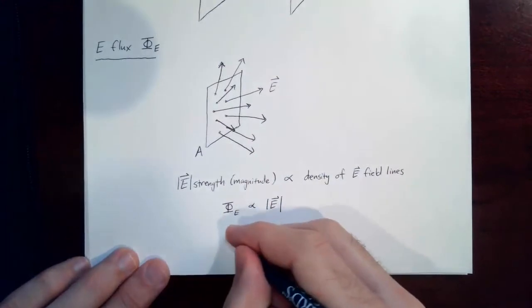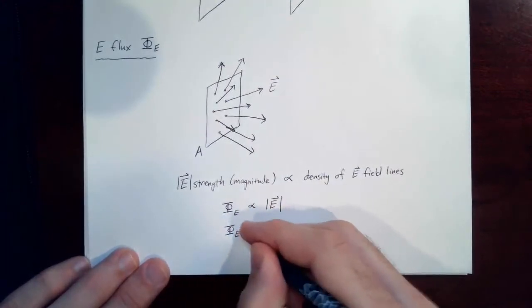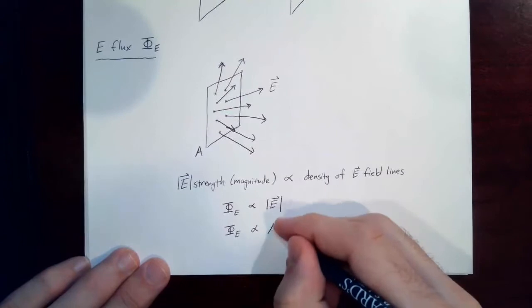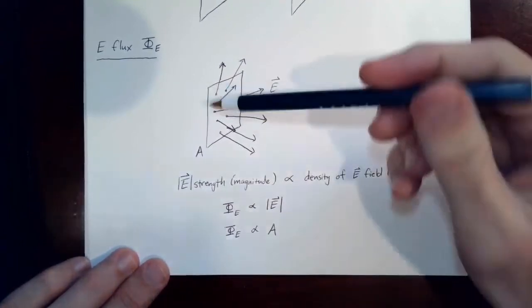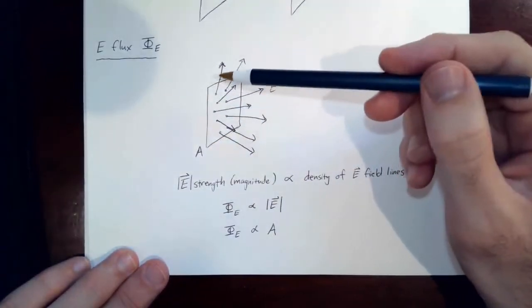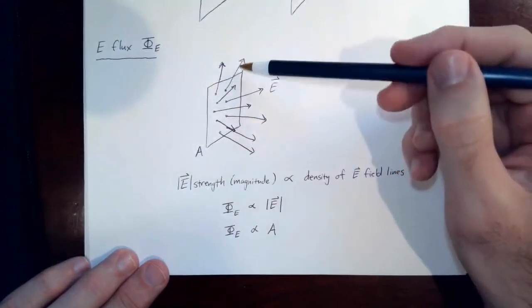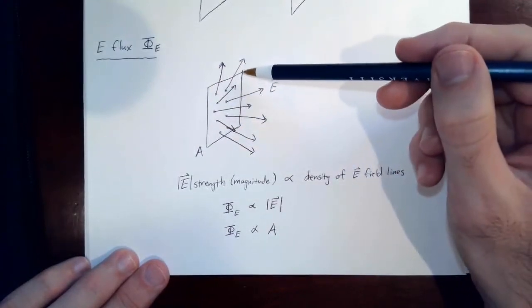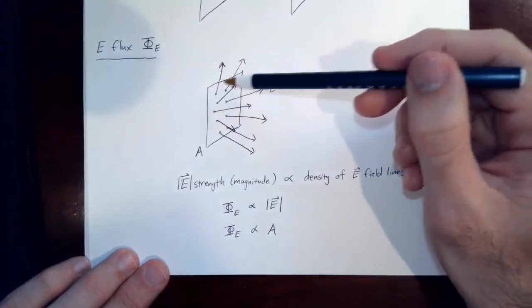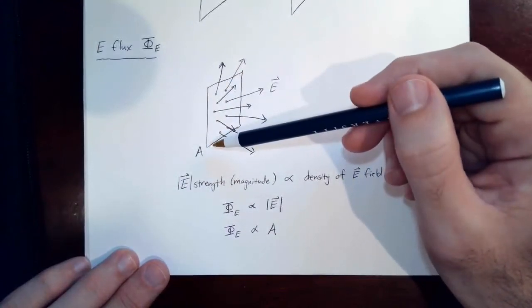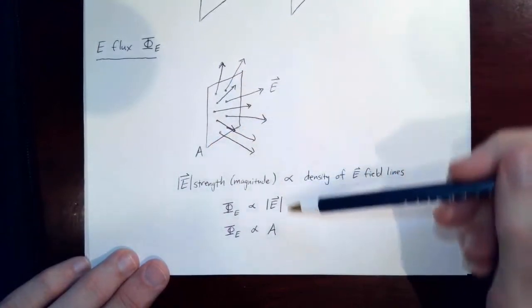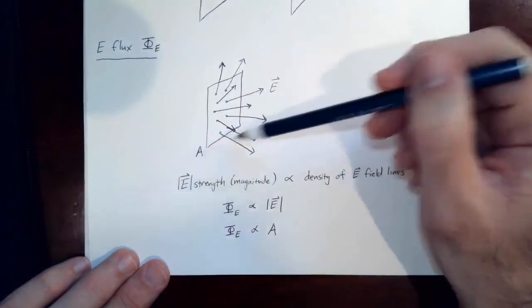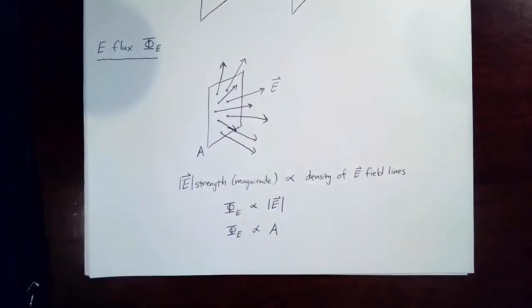So based on that, I can also conclude that the electric flux is going to be proportional to the area of the surface. By the way, this surface could be physical, like a sheet, or it could be imaginary, meaning that it's defined only mathematically. All of these arguments will still hold, whether this is an actual physical surface or just a mathematical surface.